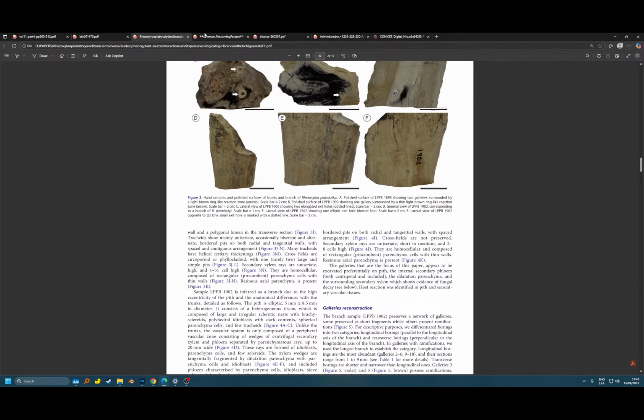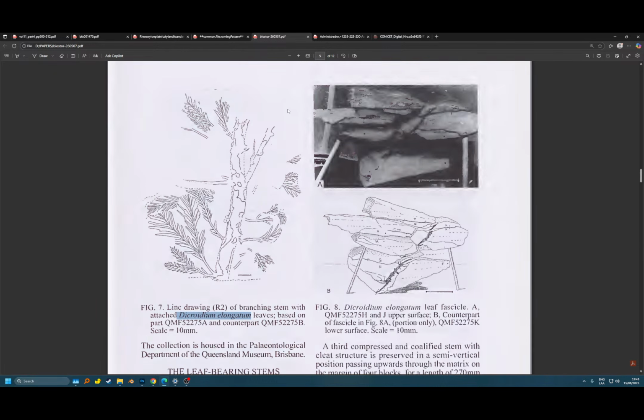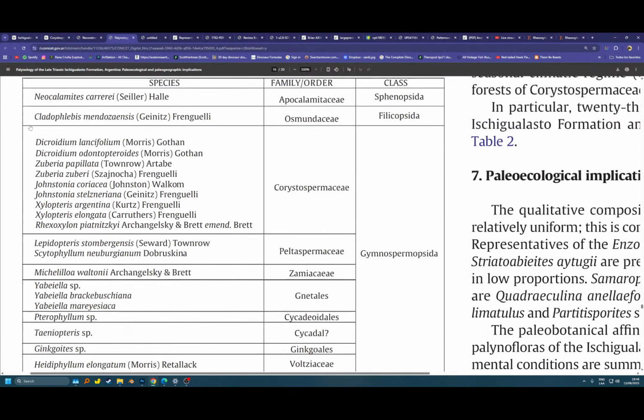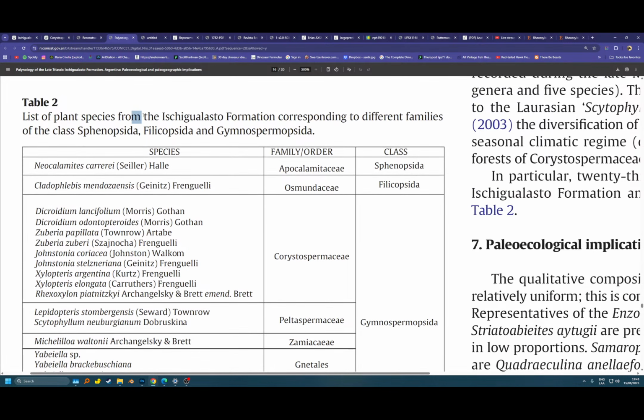I'm referring to Ontopteroides and Elongatum, which have been found in the same place, right? Look at this. It says Ischigualasto Formation, and you have Ontopteroides.